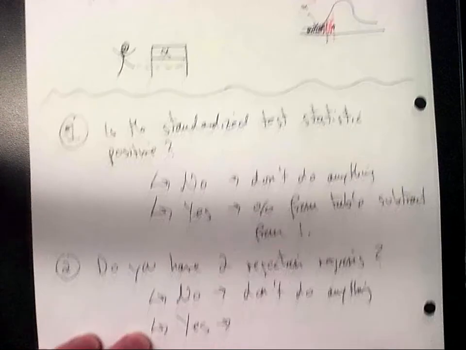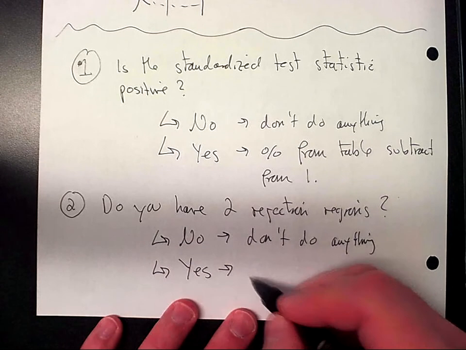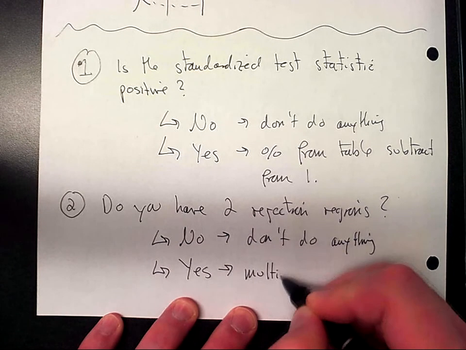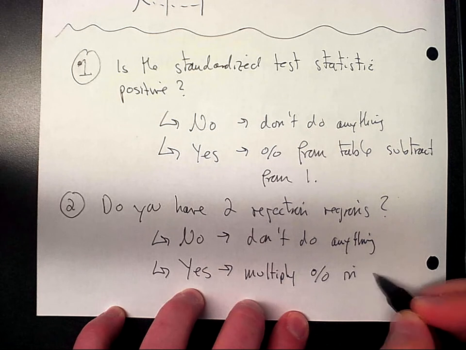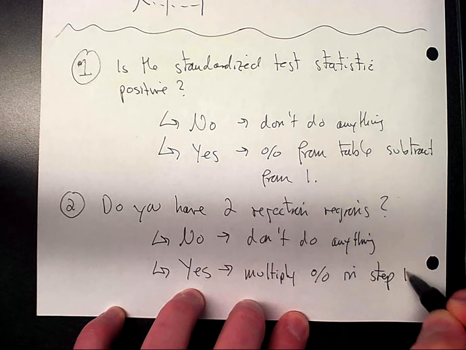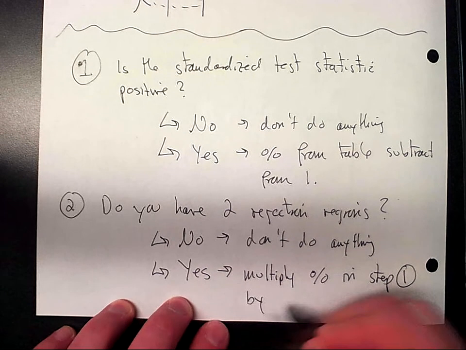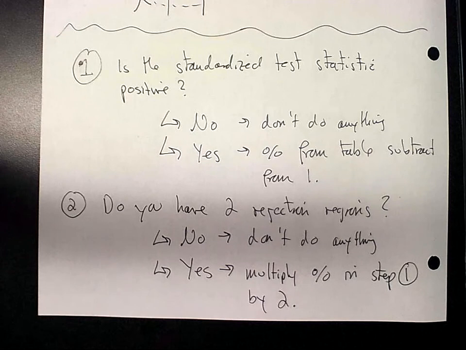However, if you answer yes, then here you're going to multiply the percentage in step 1 by 2. So if you have 2 rejection regions, whatever percentage that we have, we would just multiply that number by 2.